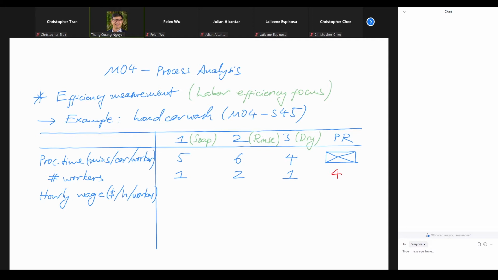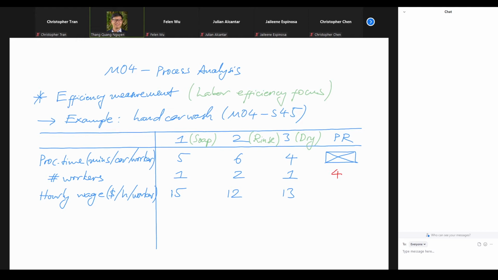So we have $15 per hour per worker at the first station. We have $12 an hour at the second station. And we have $13 per hour at the third station, right? So in this case, possibly the soaping step or station has worked the hardest. So we would like to give the workers over there $15 per hour, and then dry $13 an hour, and then the rinse station only $12 an hour, right?